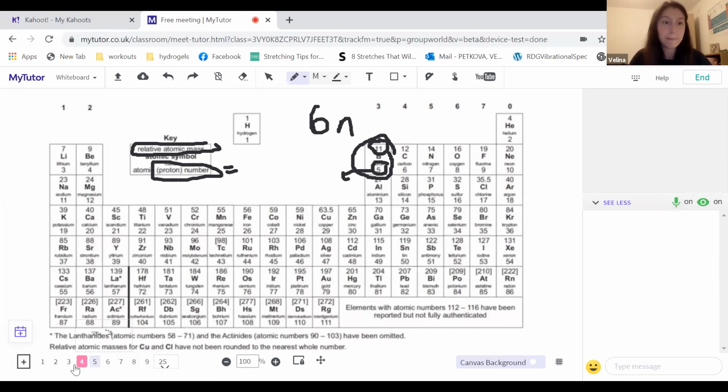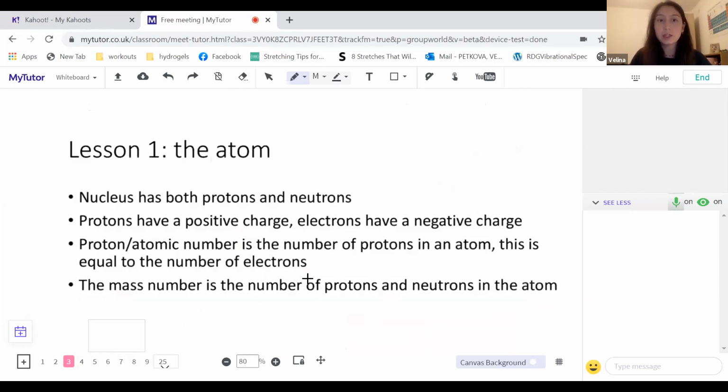Another thing to note: because protons have a positive charge and electrons have a negative charge, they're equal, and so the atom is neutral. So protons equals electrons, and that's why your atoms are neutral.